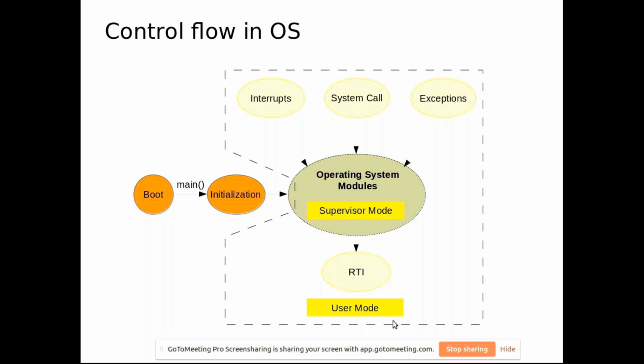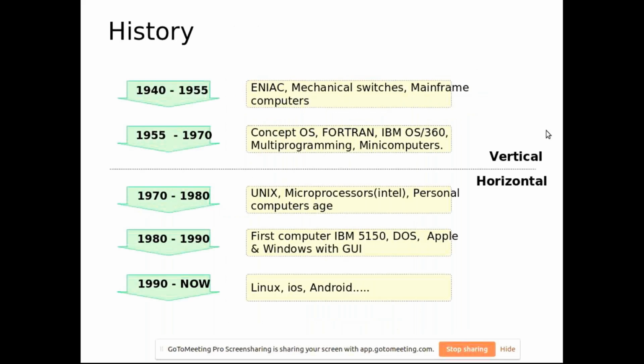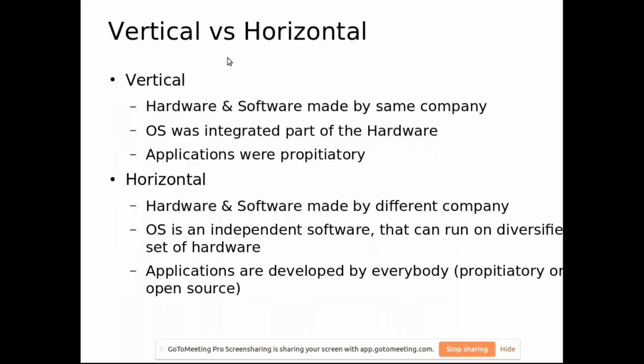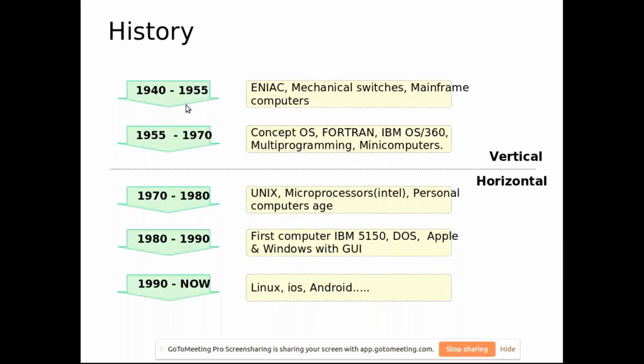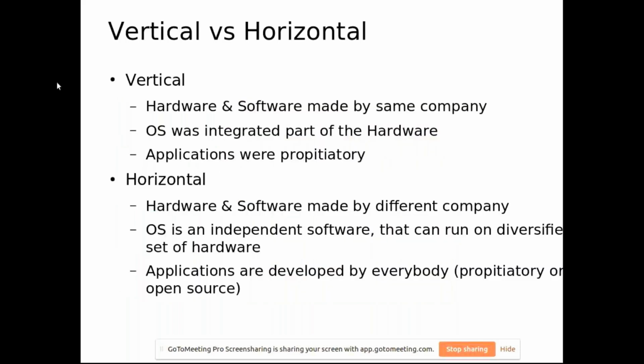This is a small history. We have a vertical and a horizontal aspect of this, and we will see what it is. We have discussed this history earlier also. Here is the vertical one. Vertical is before 1970. In vertical, hardware and software were made by the same company. The OS was an integrated part of the hardware, and applications were proprietary. This was a monopoly of the companies to sell their hardware along with the interfacing also.